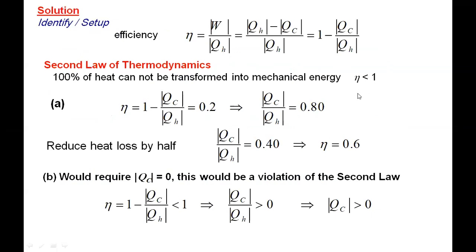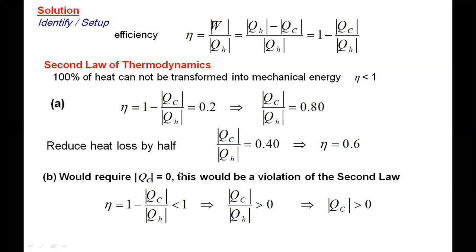This means that the efficiency will be less than 1. Efficiency equals 1 minus QC over QH equals 0.2. This leads to QC over QH equals 0.8. So reduce the heat lost by half as in the question. So QC over QH will equal 0.4. This means the efficiency equals 0.6.